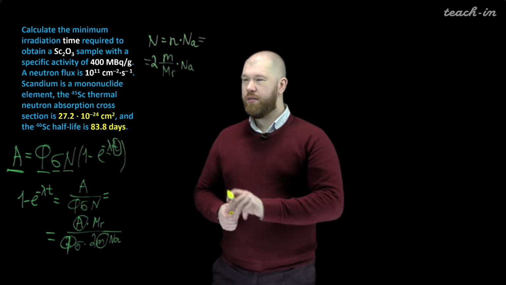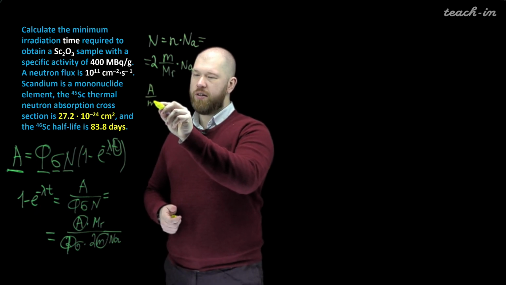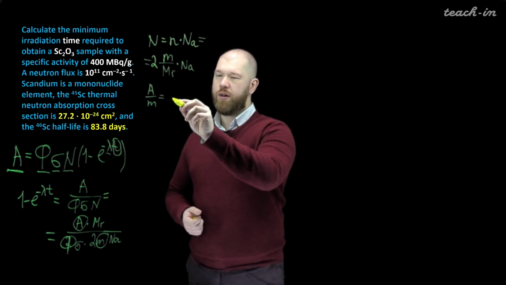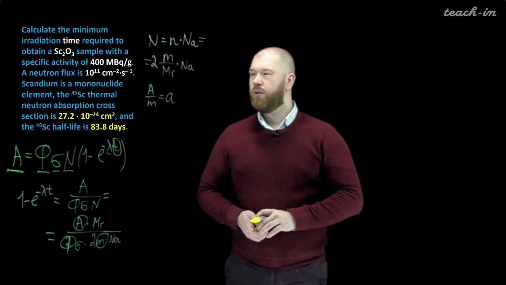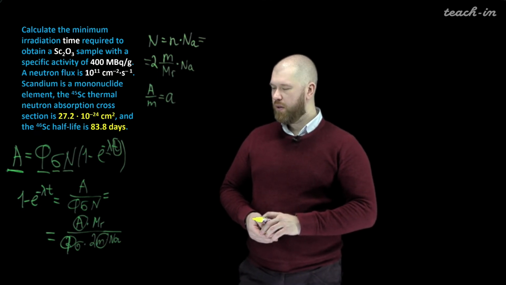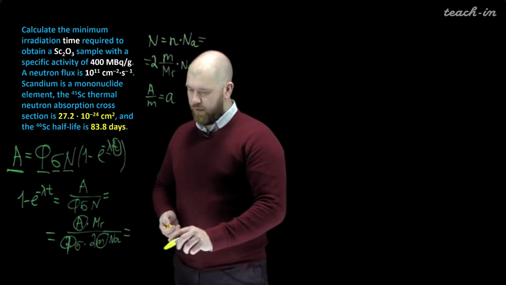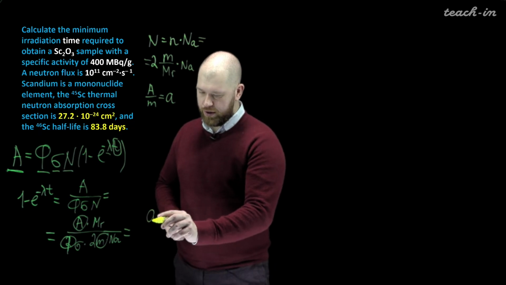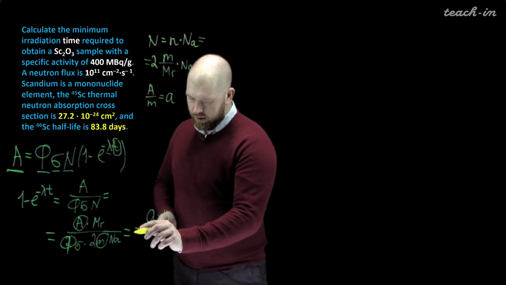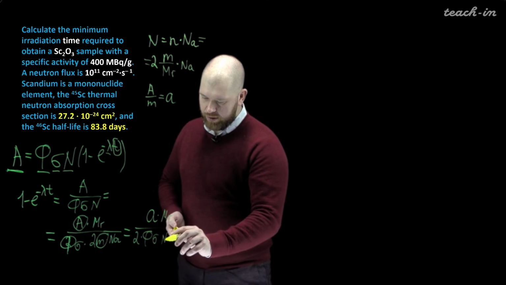So we can combine this, the activity divided by mass, or per unit of mass, and denote it as A with a small letter. So we will finally have this expression: specific activity, molar mass, 2 phi sigma Avogadro number.